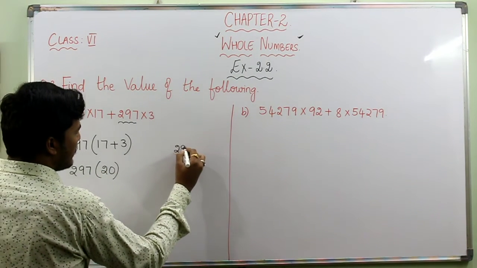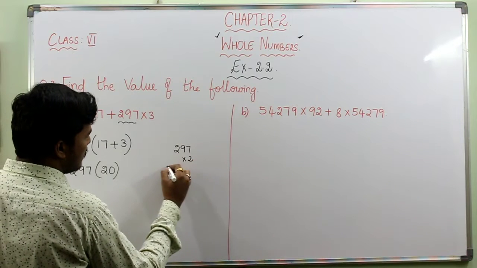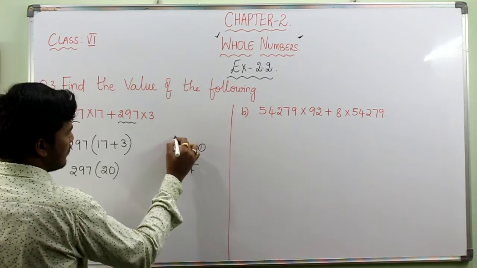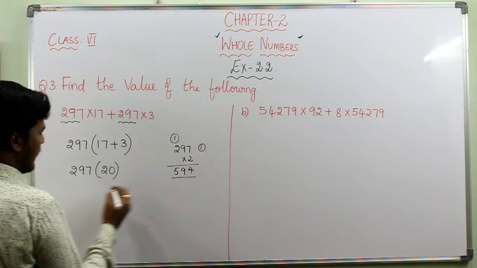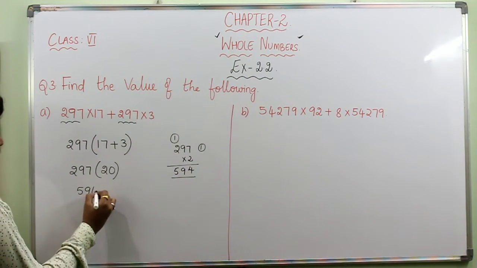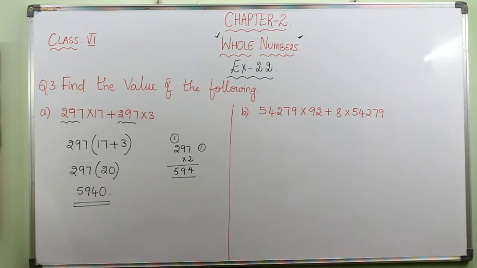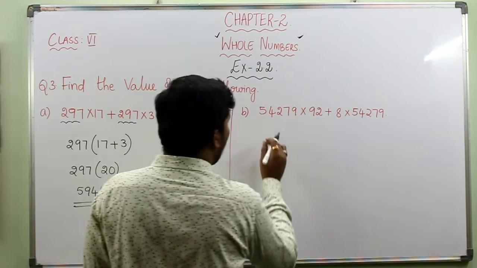So 297 into 2 is how much? 594. As we have one more zero added to that, it will become 5,940.